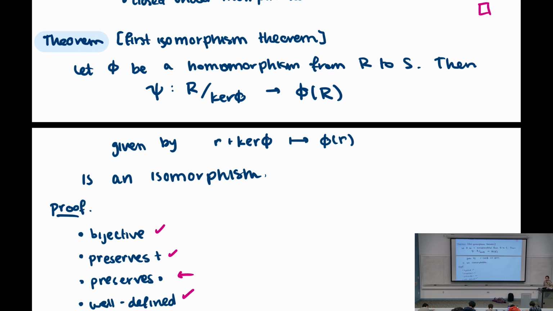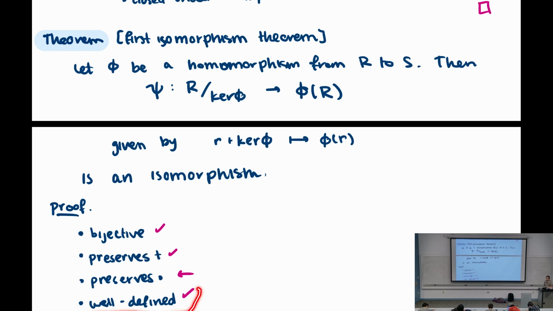Okay, so why? When we proved the first isomorphism theorem for groups, we would have already checked that this map is well defined, and the presence of a multiplication operation doesn't really change that at all. We also already saw that it's bijective, and that won't change either.